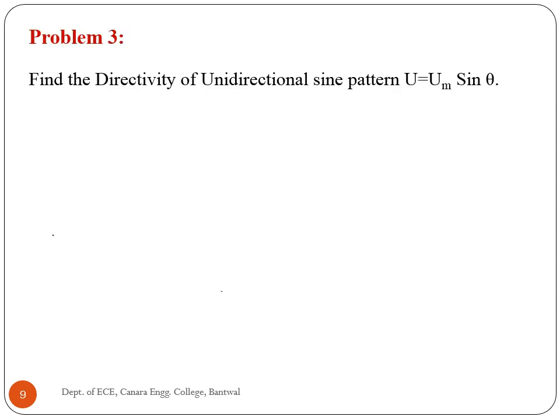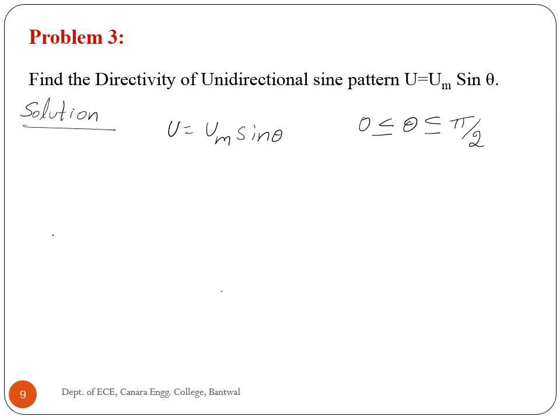Find the directivity of the unidirectional sine pattern U equal to Um sin theta. Solution. For the given pattern U equal to Um sin theta, find out the directivity of the unidirectional sine pattern. Therefore, theta is between 0 and pi by 2, and phi is between 0 and 2 pi.